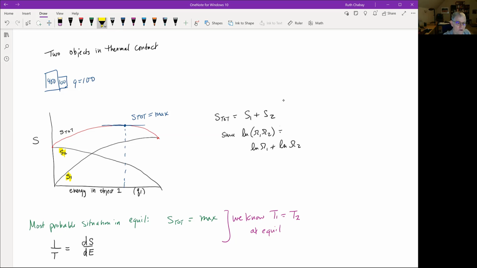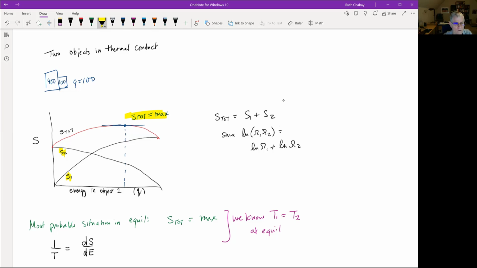But the total entropy, the sum of these two things, ends up having a maximum at the most probable equilibrium distribution, which corresponds to the largest possible number of microstates. So the expected distribution of energy at equilibrium is given by the point at which the total entropy is a maximum.